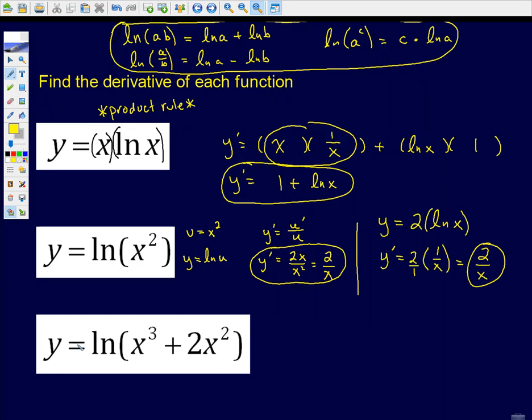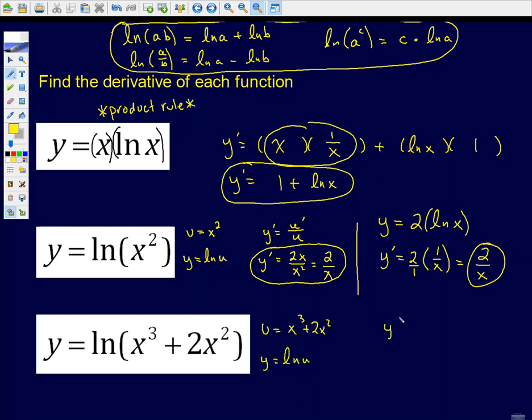Okay, so here's my third one. Let's try it the same way I did this one up here, and that is let's just let u be the entire quantity x cubed plus 2x squared. And so again, my main function is y equals the natural log of u.